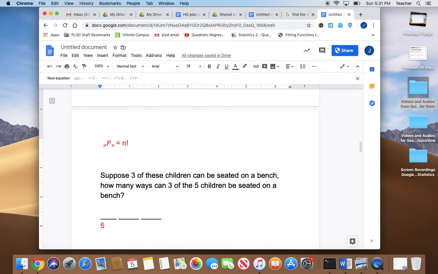For the second seat on the bench, I would have 4 choices. And for the third seat on the bench, I would have 3 choices. So I would have 5 times 4 times 3 choices total, which is 60 different ways to seat 3 of the 5 children on the bench.